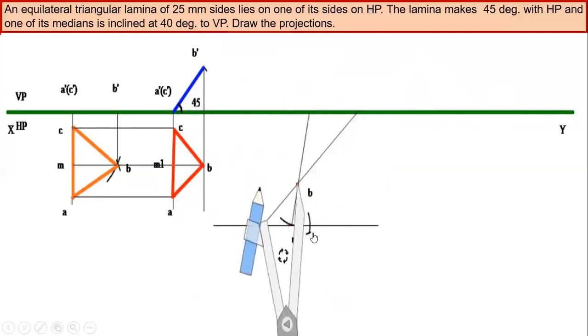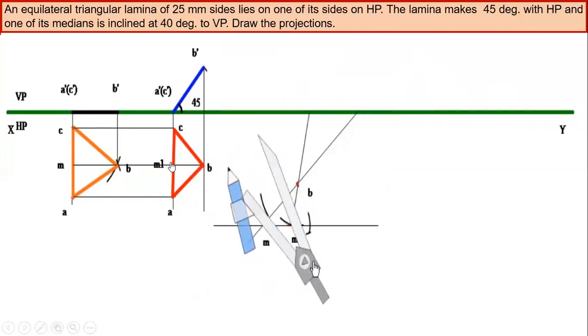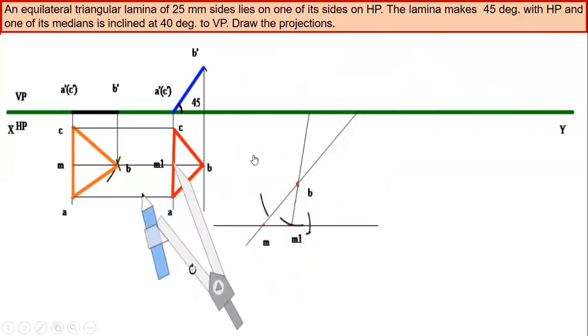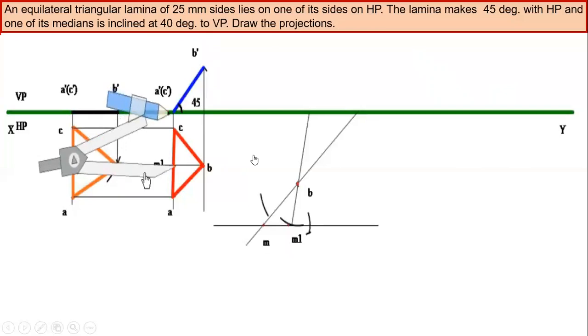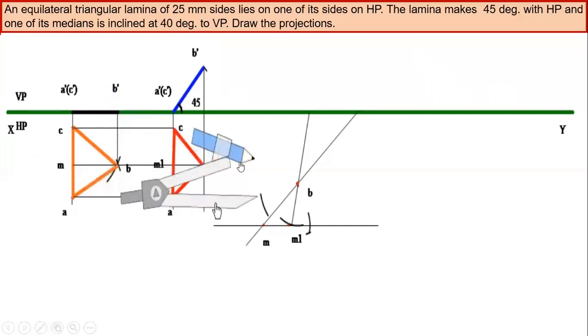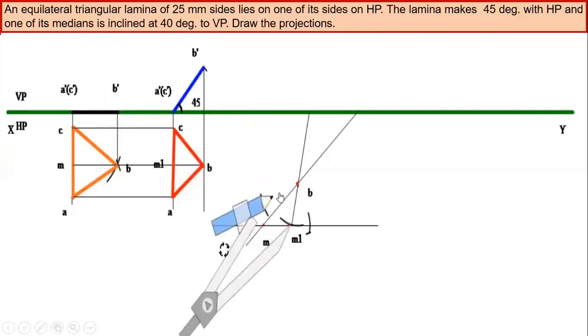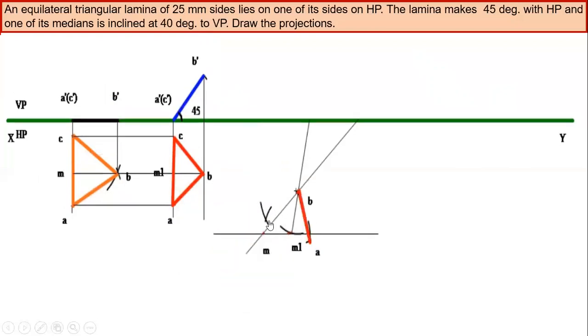This is the point A. Again from B to C and M1 to C, measure it. With M1 as the center, cut an arc. Wherever it intersects, that is the point C. So connect A, B and C.